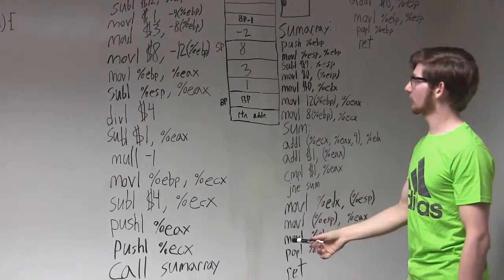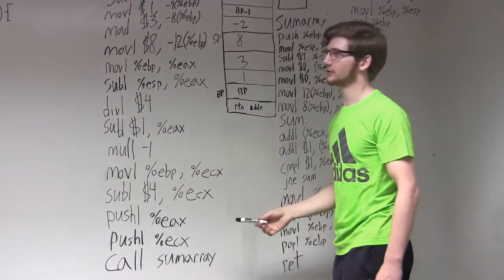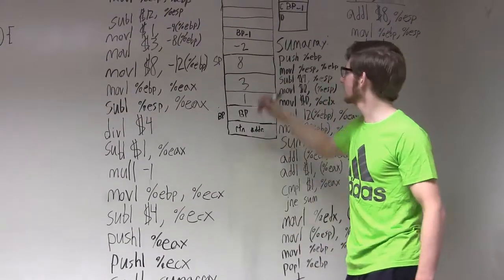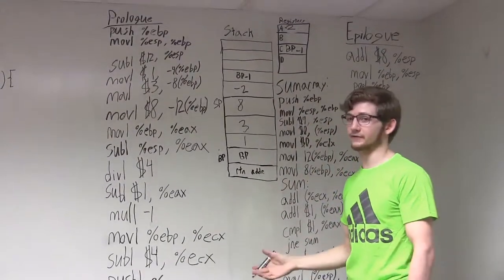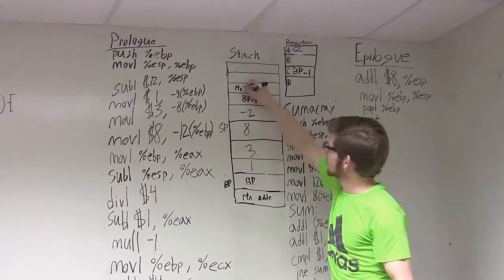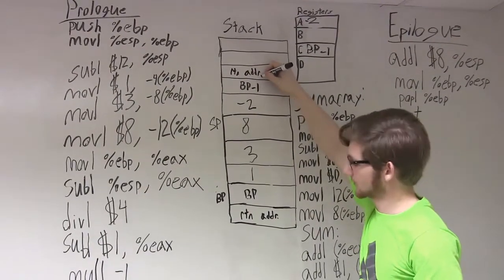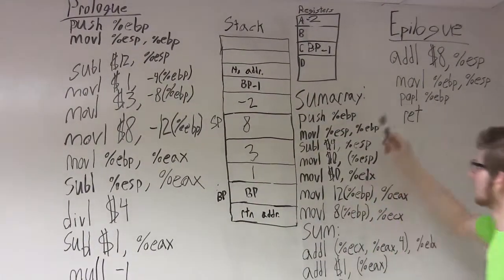We then call SumArray, and when we call a function, what we're actually doing is pushing the instruction pointer and then decrementing the stack. Or decrementing the stack and then moving the instruction pointer, which is going to put the return address here for the next function that we're jumping to, which is over here.